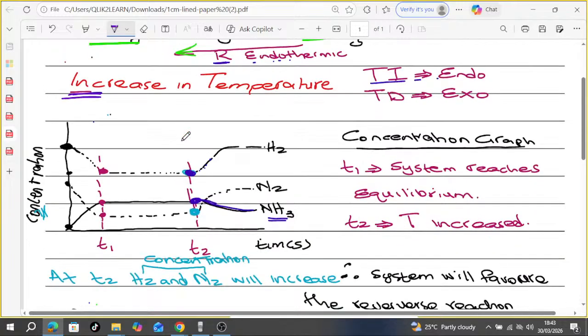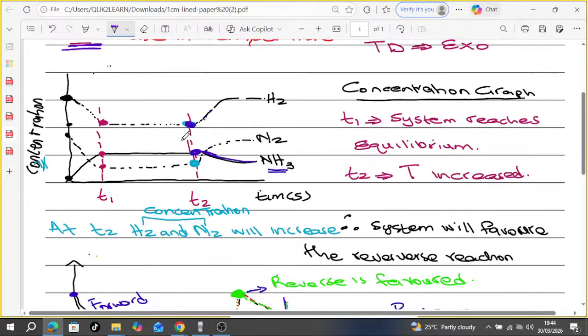We still have to go through the graphs for when the pressure is increased, when the pressure is decreased, when the concentration is increased, and so on. It would be almost like the opposite of what we are saying here. And if you understand that part, you know what you are saying.